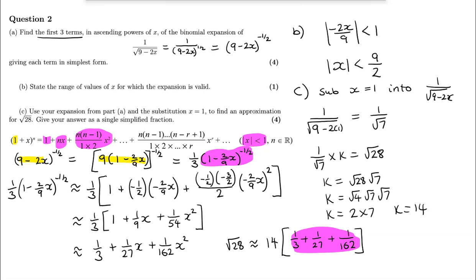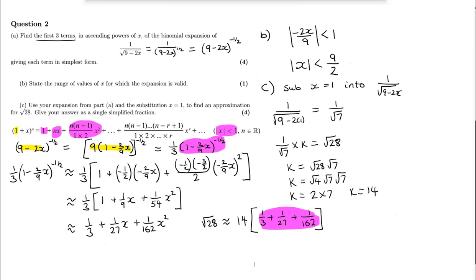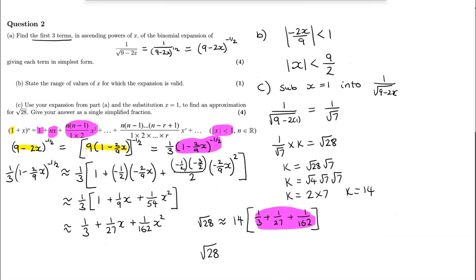So if I times 1 over root 7 by 14, then that would give me an approximation for the square root of 28. So when I work that out, I get the square root of 28 is going to be approximately 427 over 81. We're just going to leave it as a simplified fraction there. Okay.